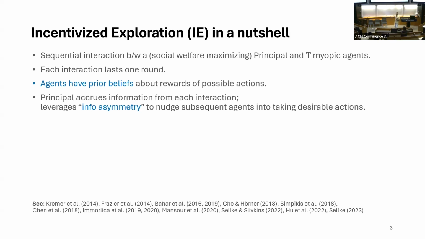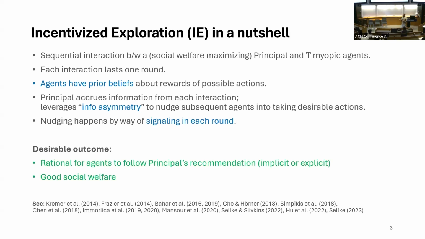Now, as this T-round interaction progresses, the principal accrues more and more information, and then it filters this information to nudge subsequent agents into taking desirable actions. Right? And this nudging happens by way of signaling. Now, as you can already guess, a desirable outcome in such a setting would be that you want users to comply with your recommendations.